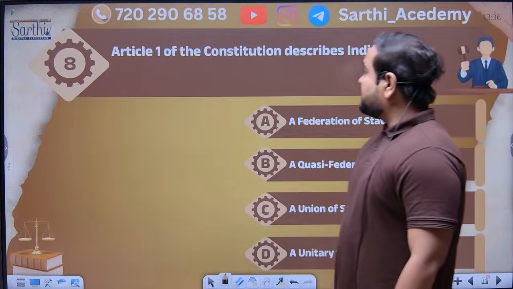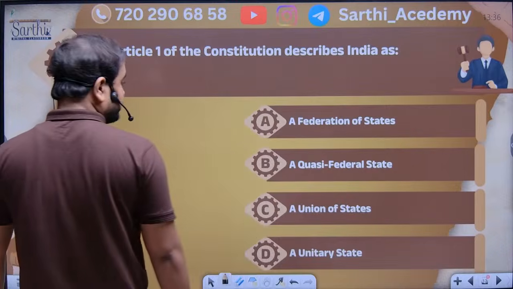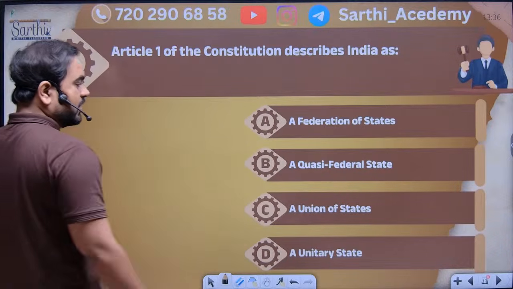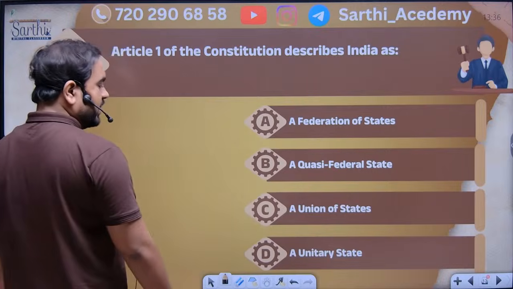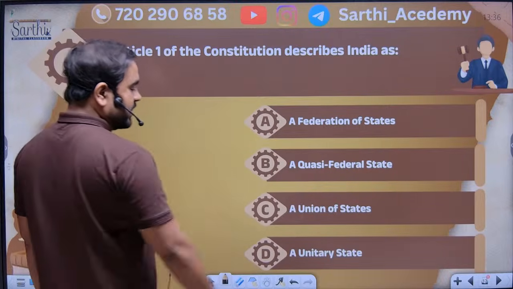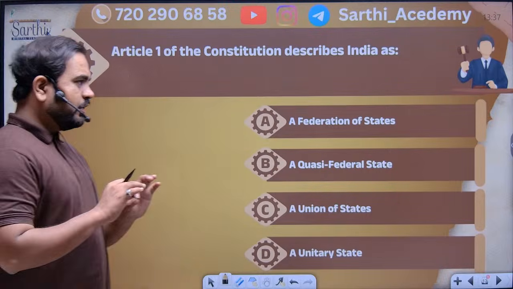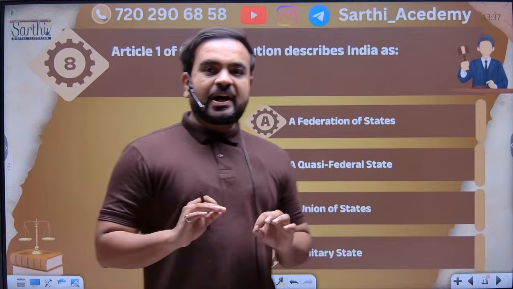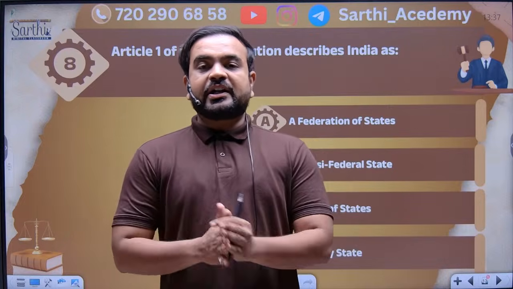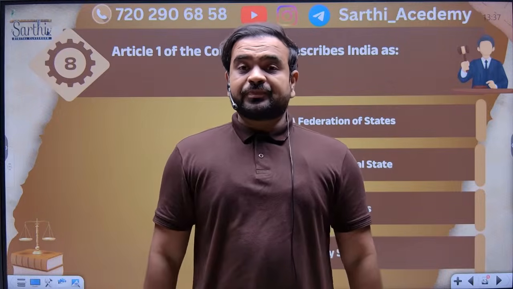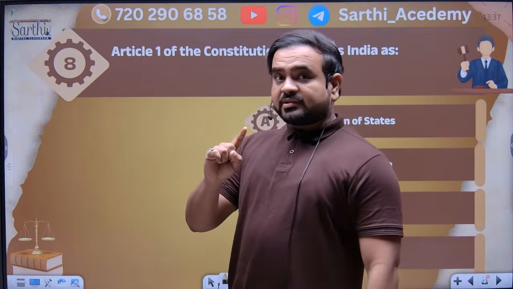Okay, next question. Article 1 of the Constitution describes the federation of the state, the quasi-federal nature of the state, union of states, unitary states. So the wording itself is India, that is Bharat. That means in article number 1, both words are written, India as well as Bharat.